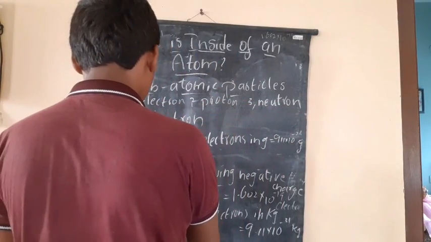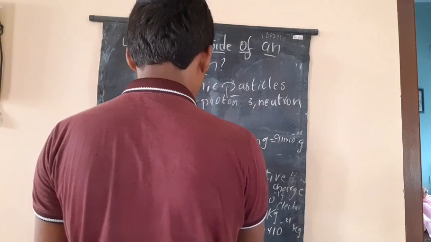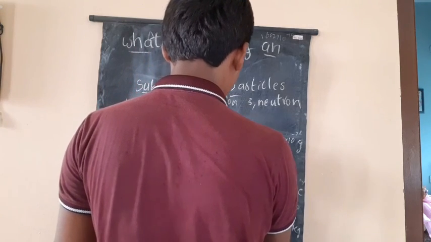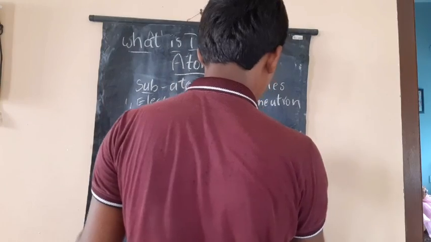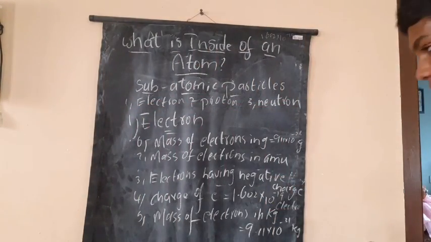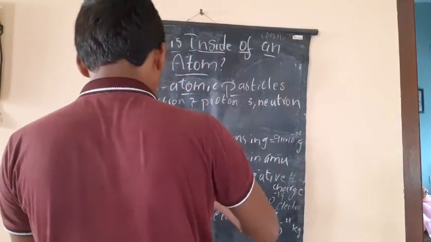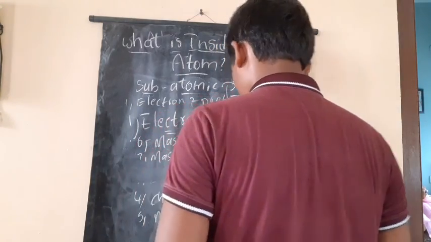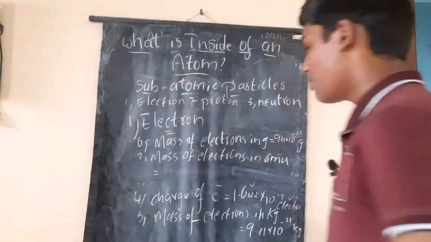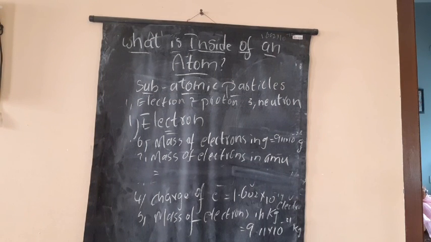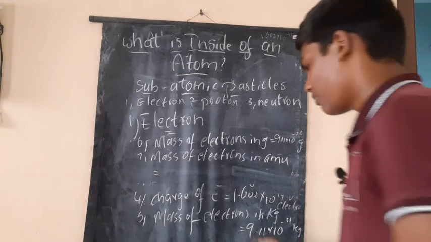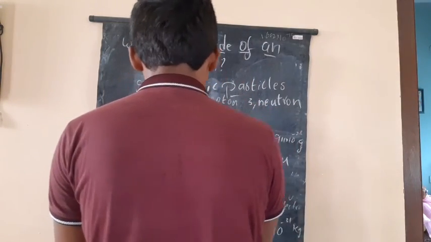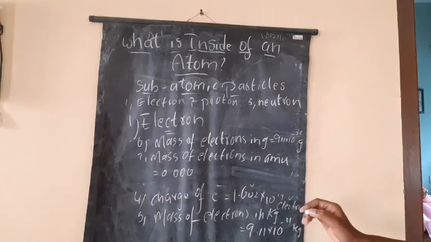Mass of electron in AMU, atomic mass unit, is equal to 0.00054 atomic mass units.